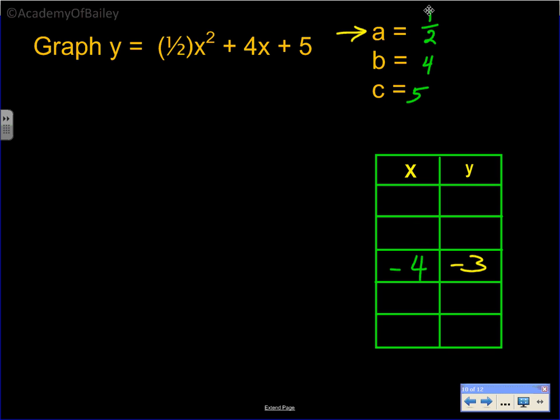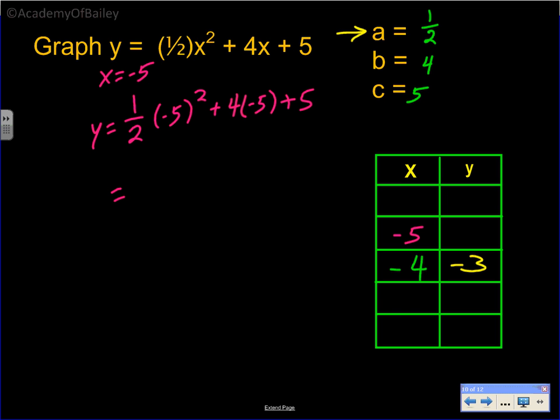If I were to go, let's say, down 1 to negative 5, and I want to find that, remember, just watch this. Y is equal to, so if x equals negative 5, we're going to plug it in for x. Negative 5 squared is 25.